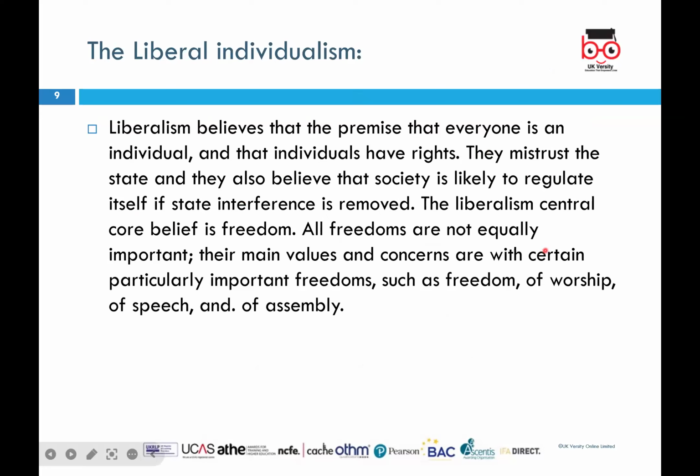Their central core belief is freedom. All freedoms are not equally important, they say, and the main values are certain freedoms like freedom of worship and speech.